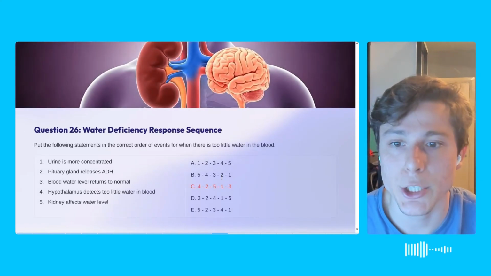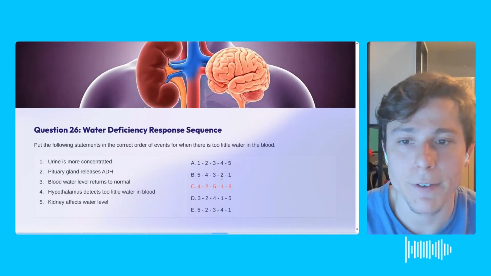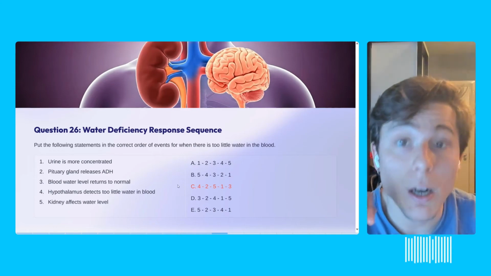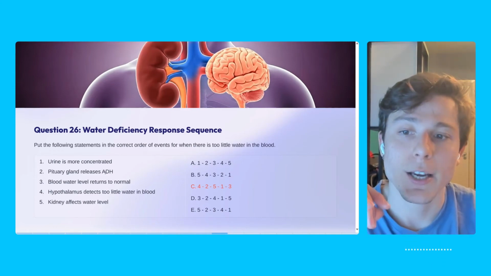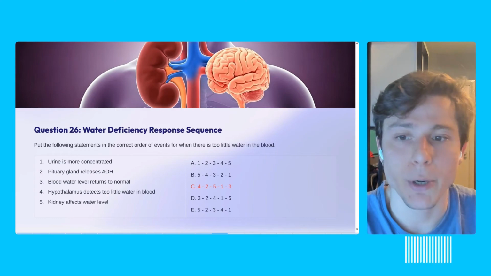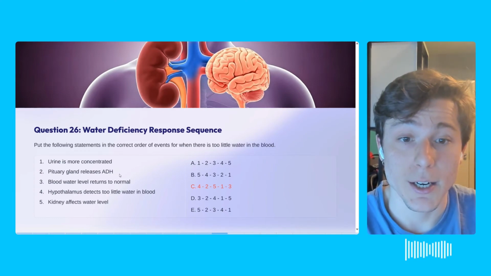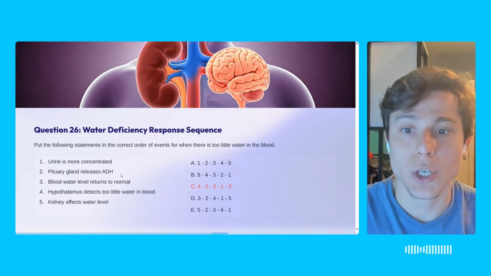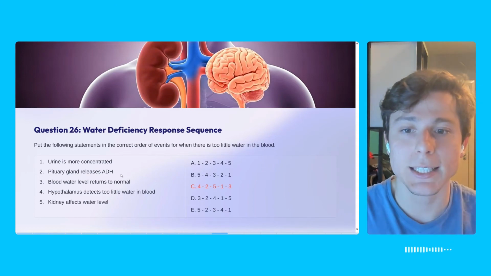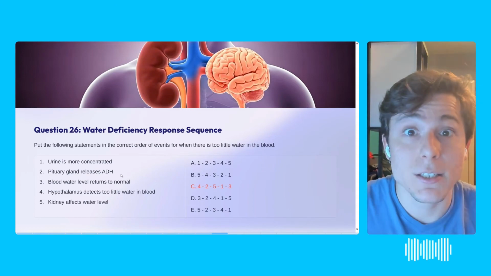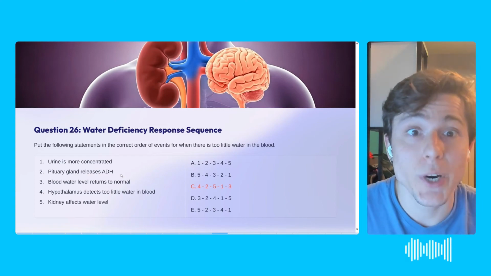That's our answer. A very interesting fact, and I don't want to make this longer: when we drink alcohol, the alcohol has a chemical reaction with our body that makes our ADH stop working. It kind of blocks the ADH effect, which makes us want to pee more. That's why we usually pee a lot.